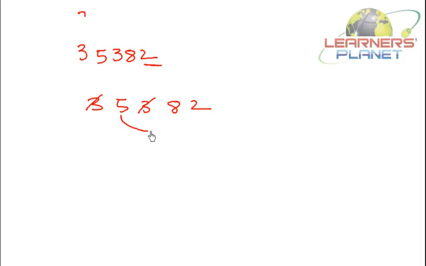Now 5 plus 8 is 13, and plus 2 is 15. So 15 is also divisible by 3. Hence the complete number 35382 is an even number as well as divisible by 3, so it will be divisible by 6.